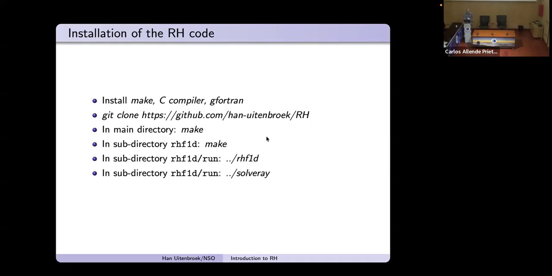And then to run the main code, you can go to a run directory, which is typically a subdirectory of the geometry directory, RHF1D in this case, for the one-dimensional case. You run the code by ./RHF1D, and I'll get back to that a little bit later.